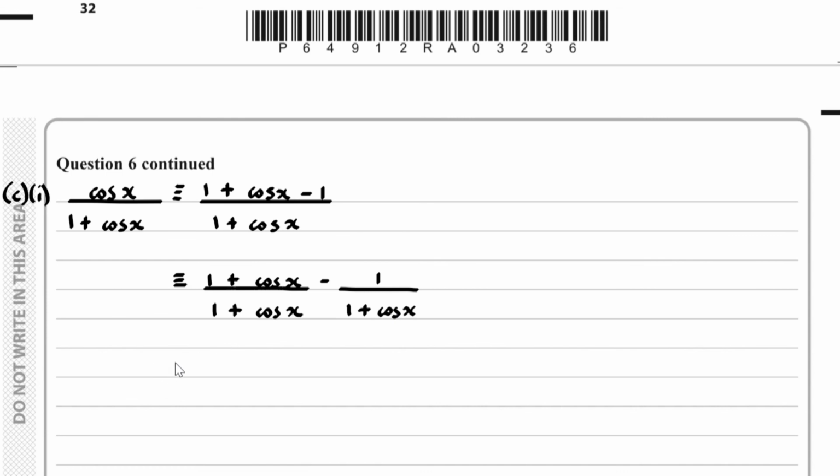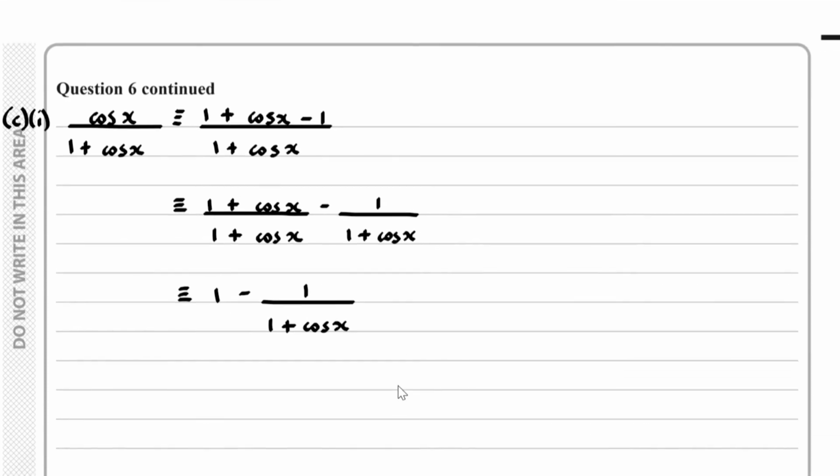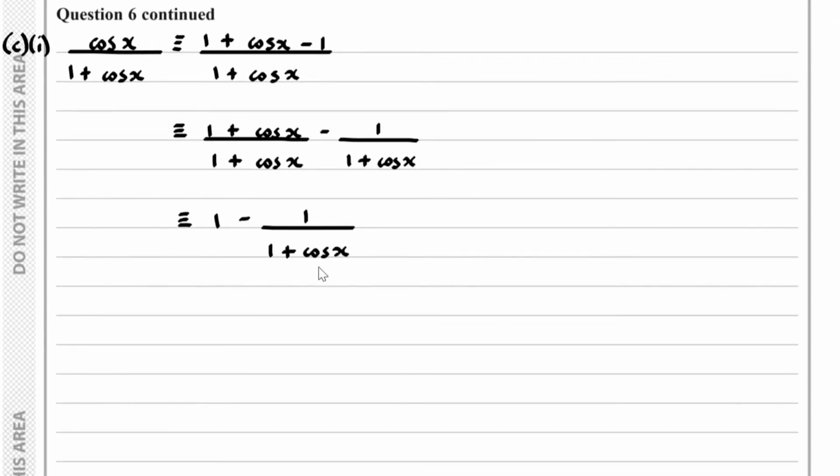In other words, we've got 1 minus 1 over 1 plus cos x. And if we think about what we want to show, we've got sec squared of x over 2 somewhere. And the way we can do that is as follows. Well, we've still got this 1 and then we've got the minus.